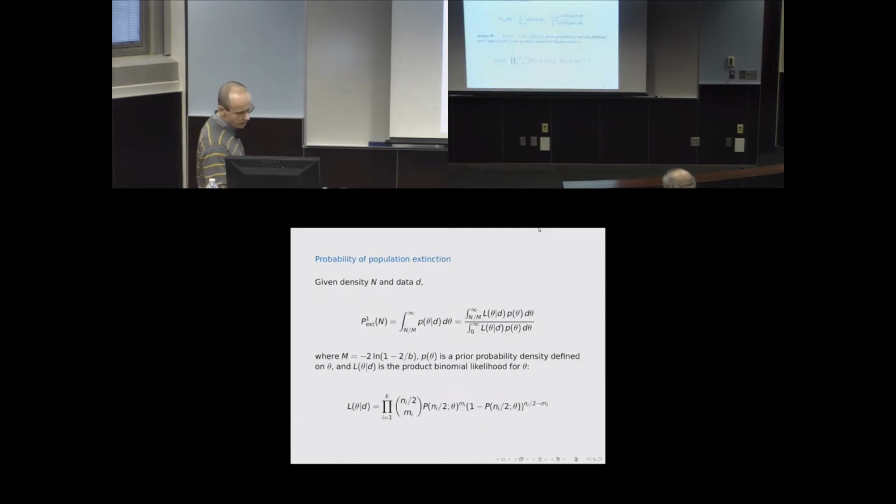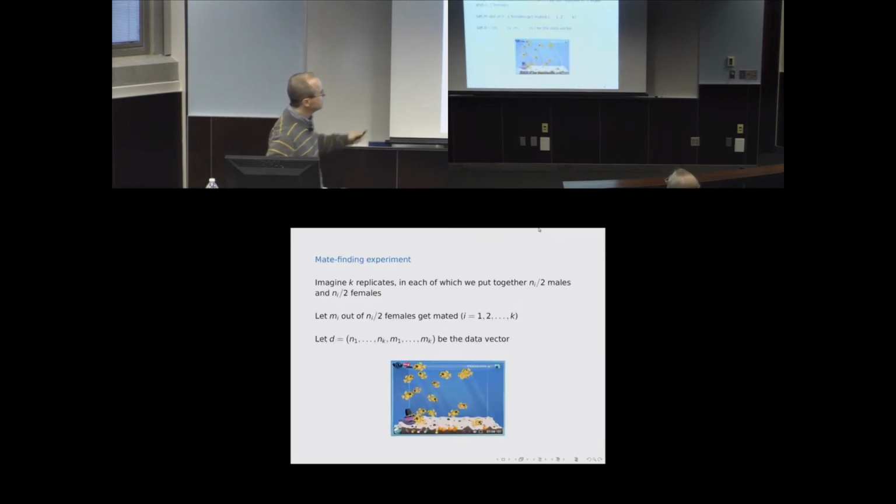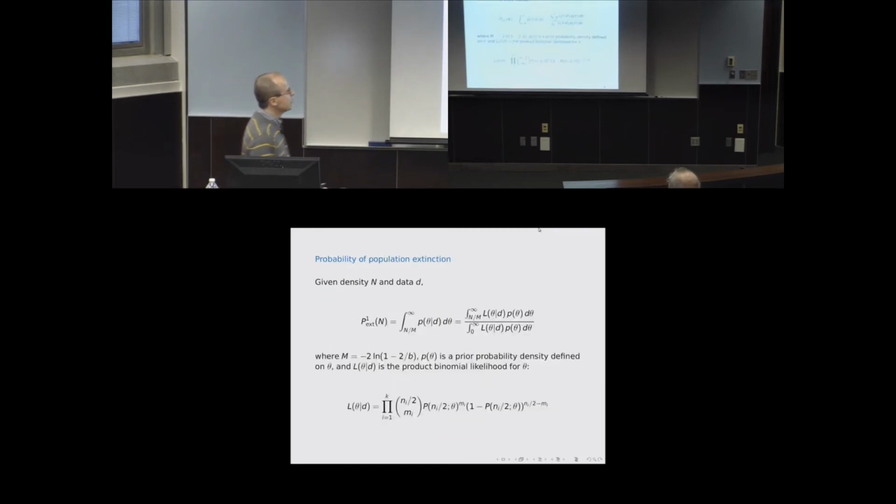Then we assume that the parameter theta needs to be estimated, and we use the Bayesian way of estimating it. We assume that theta is a kind of random variable, and given some prior probability density of this parameter, we are able to calculate the posterior probability density based on the data we have.